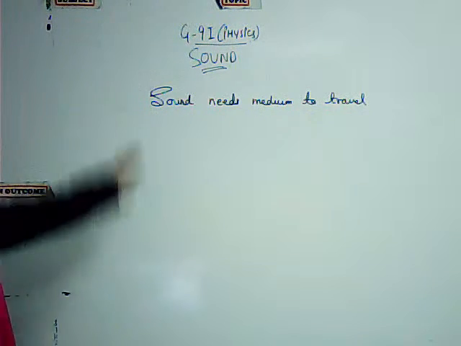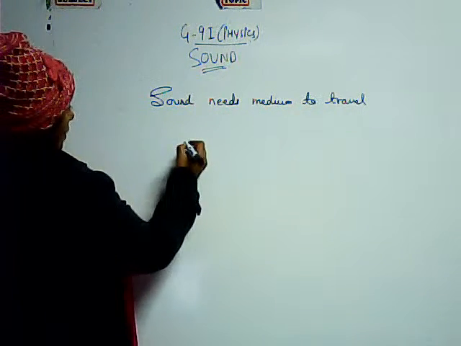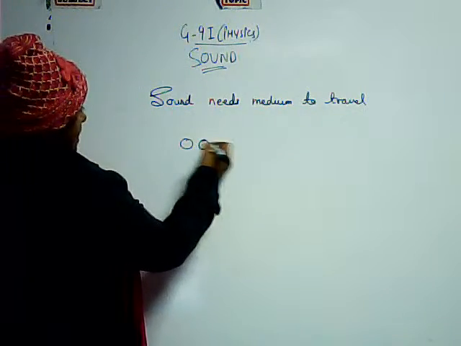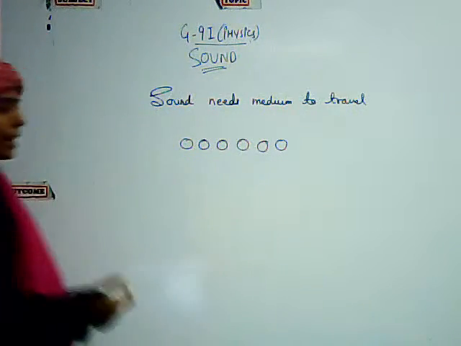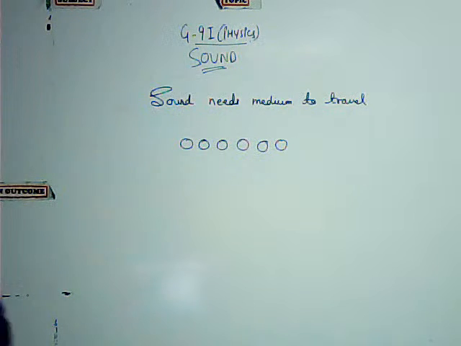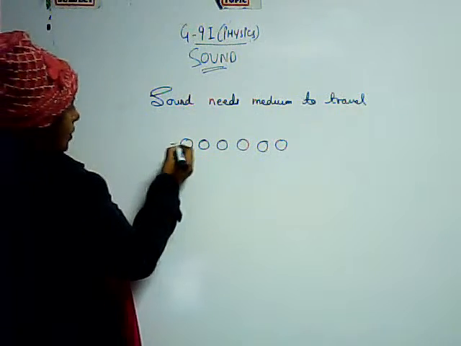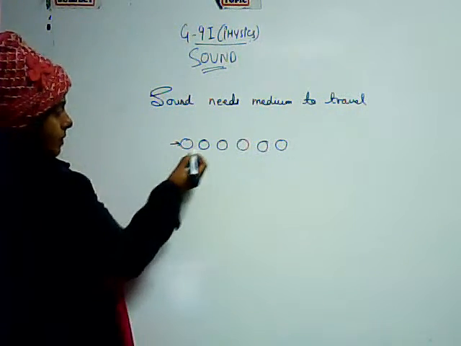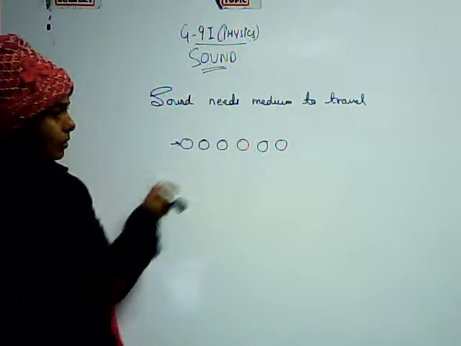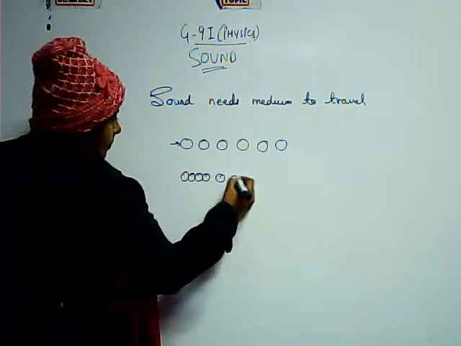How does sound need medium to travel? Let's do this. These are the molecules. First of all, we are going to talk about what they have written, that in sound we have the compression, we have the rarefaction. What is that? See, when I apply force onto this molecule, it is going to come closer to the next. This molecule is going to come closer to the next. It means the molecules are going to be like this.